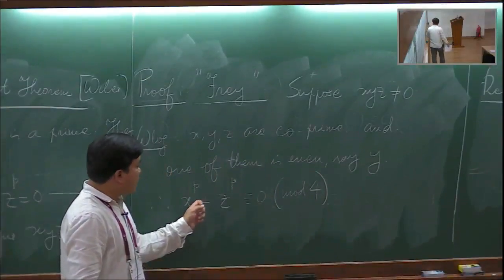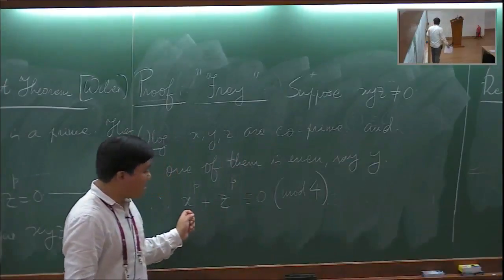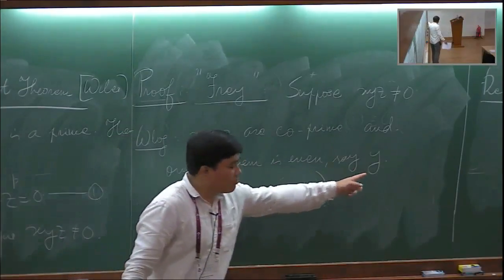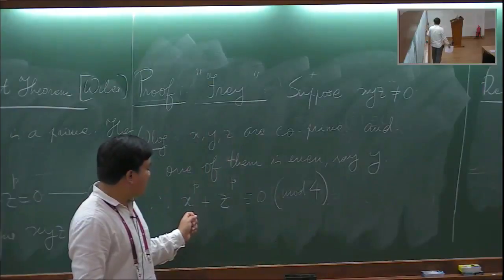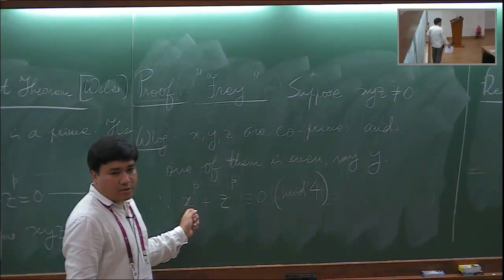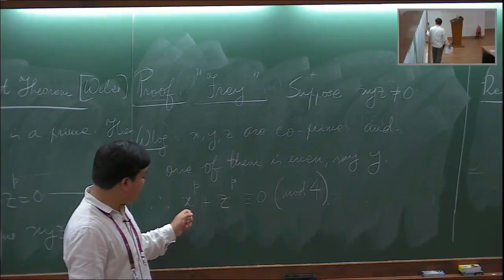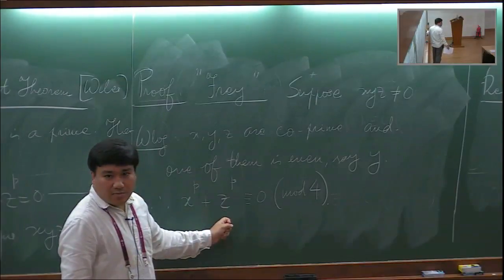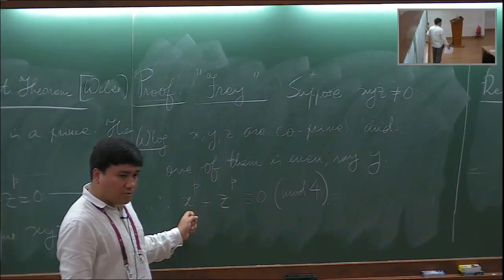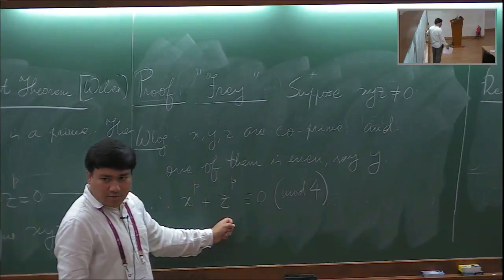And I'm assuming that they are coprime, so this can't be even also because this is already even, right? So either this is congruent to +1 or -1, and this is congruent to +1 or -1. If this is congruent to +1, then it's congruent to -1 mod 4. And if this is congruent to -1, then this is congruent to 1 mod 4, right?